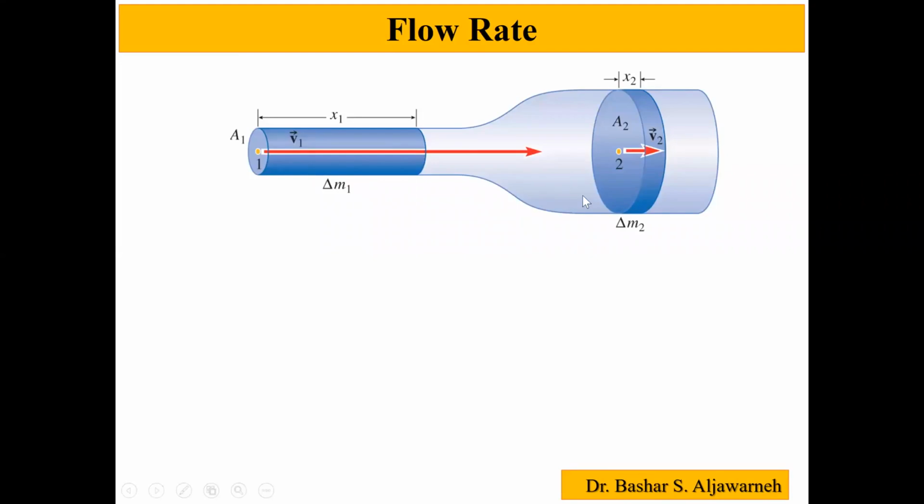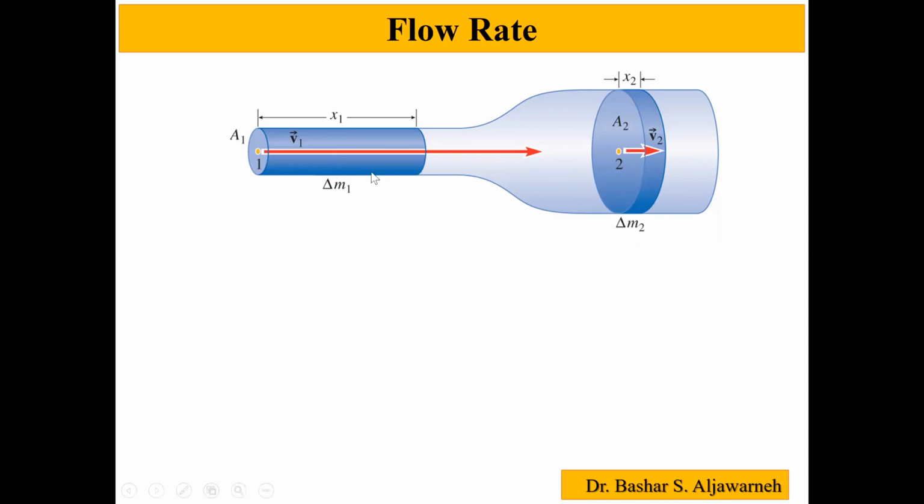As you can see here, I have the following pipe with two different cross-sectional areas, an entrance and an exit, filled with a certain fluid. Here, I can say the following.